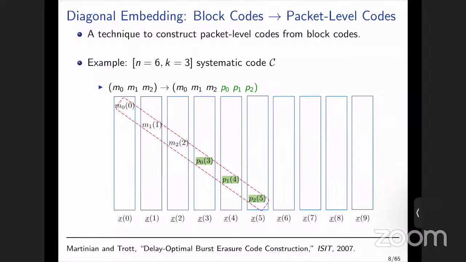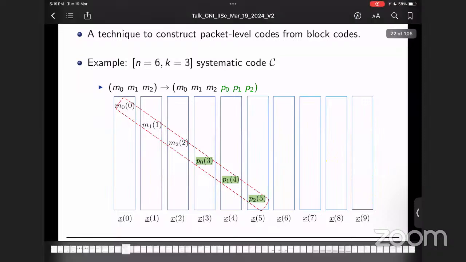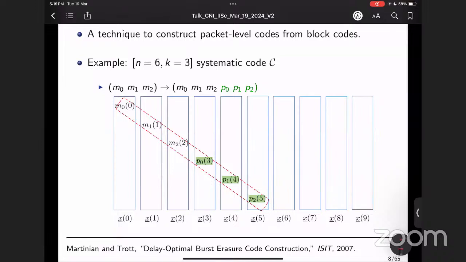So now, how are we going to transform this to a packet level code, right? The idea is very simple. If you look at the coded packets in a diagonal manner, each diagonal will correspond to a codeword which belongs to this code. Okay, so that's the idea. So basically each column here corresponds to a coded packet.